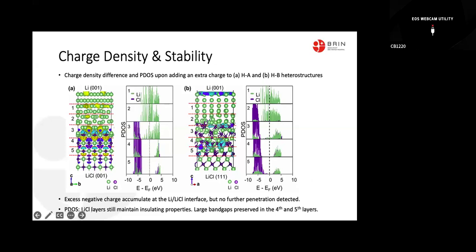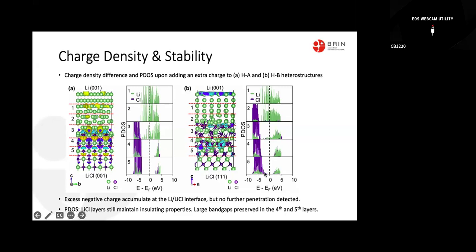And this one is the charge density and stability. To further validate the electron blocking ability of lithium chloride, we introduce excess negative charge into the heterostructure and observe the resulting charge distribution. As shown here, the charge density difference analysis reveals that the excess electrons accumulate at the lithium and lithium chloride interface, but they do not penetrate further into the lithium chloride layer.